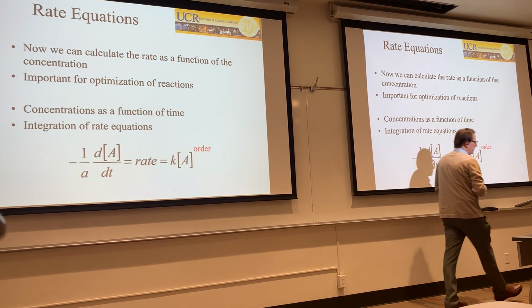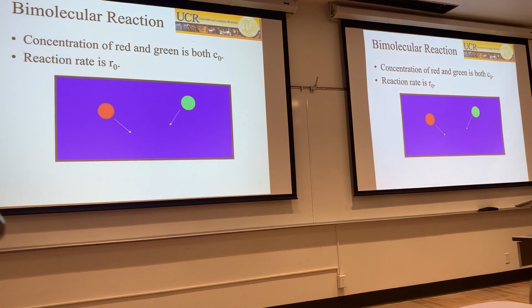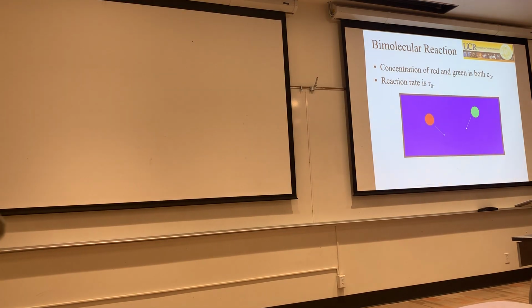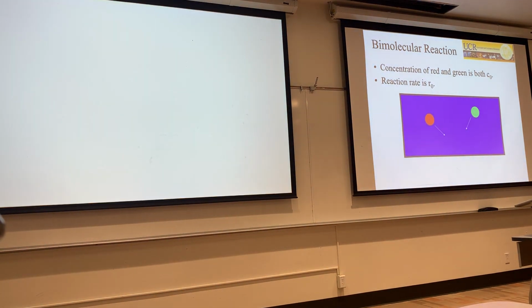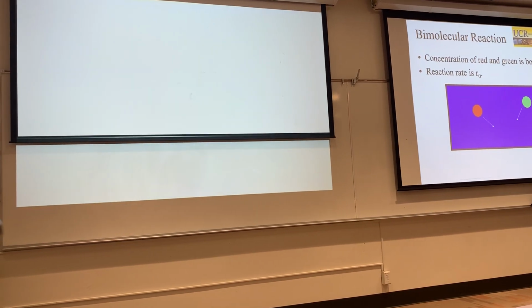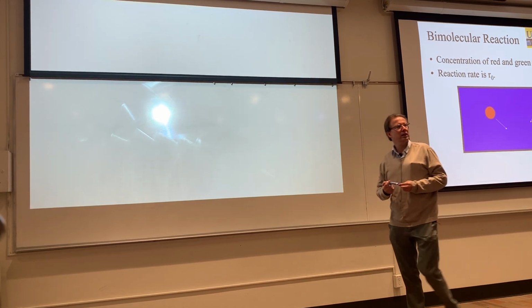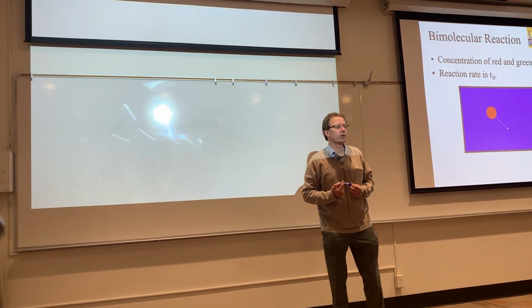But today, we are going to look at different kinds of reactions. So today, let us look at a reaction where we assume that we have two different molecules reacting with each other. If we have those two different molecules reacting with each other, then we can wonder what is going on over here.